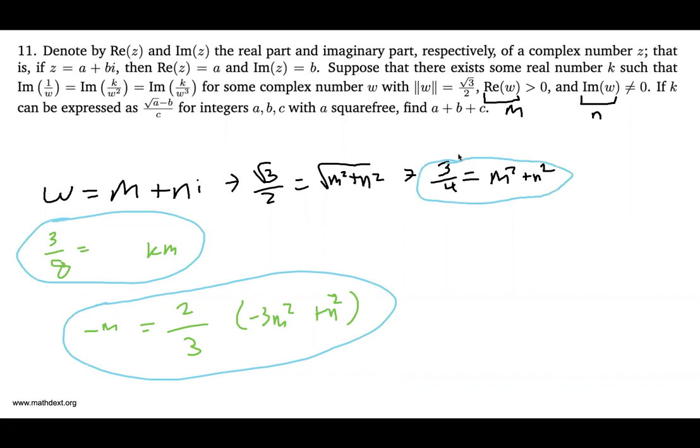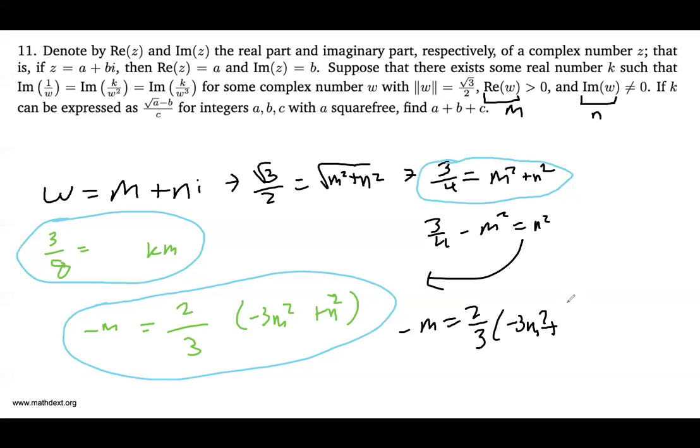And this actually becomes very nice to solve. Let's rearrange this guy so that 3/4 minus m squared equals n squared, and we plug that back into this. So I have negative m equals 2/3 times negative 3m squared plus n squared, and n squared is 3/4 minus m squared.